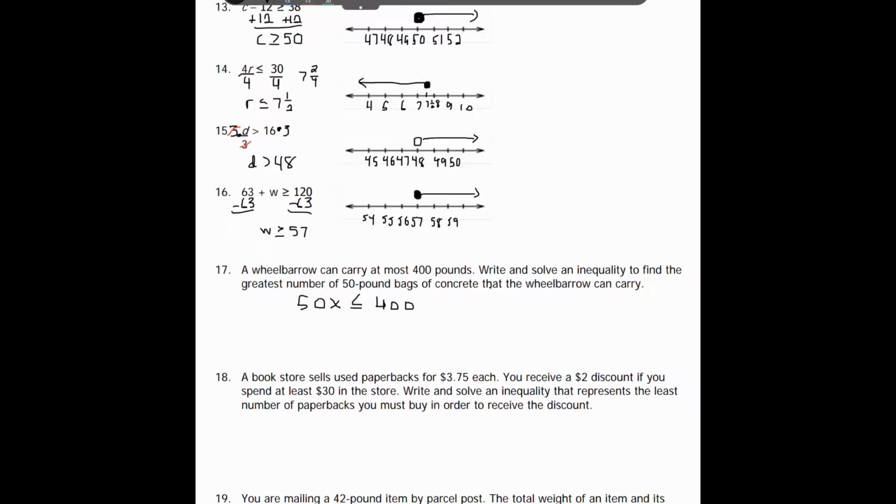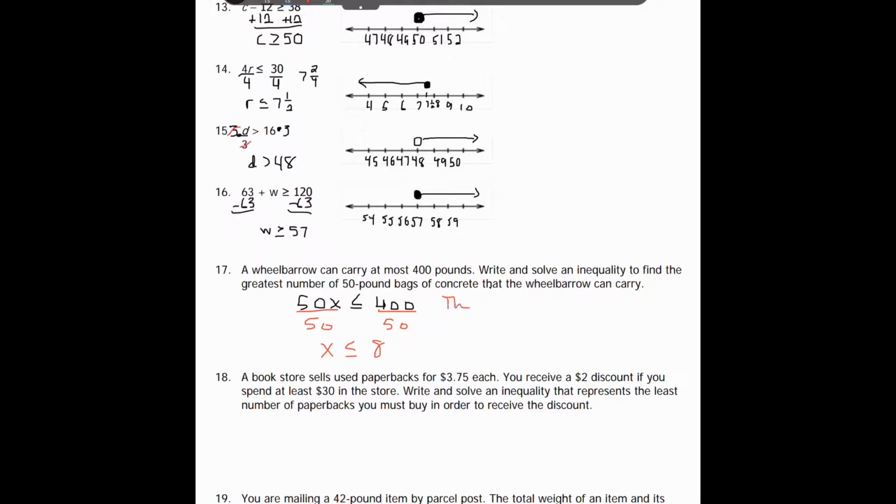So to solve this, we are going to divide both sides by 50. So x is less than or equal to 400 divided by 50 is 8, which means the greatest number of 50-pound bags that this wheelbarrow can hold is 8, because it's less than or equal to 8.